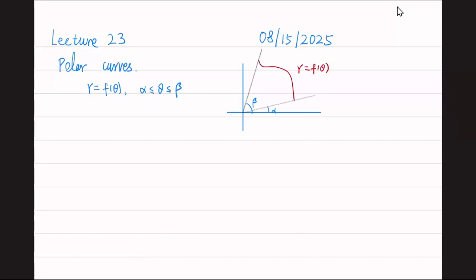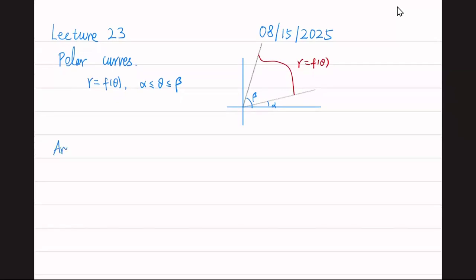So for this curve, we give a formula for the area. The area, we have the area element, the sector area element.